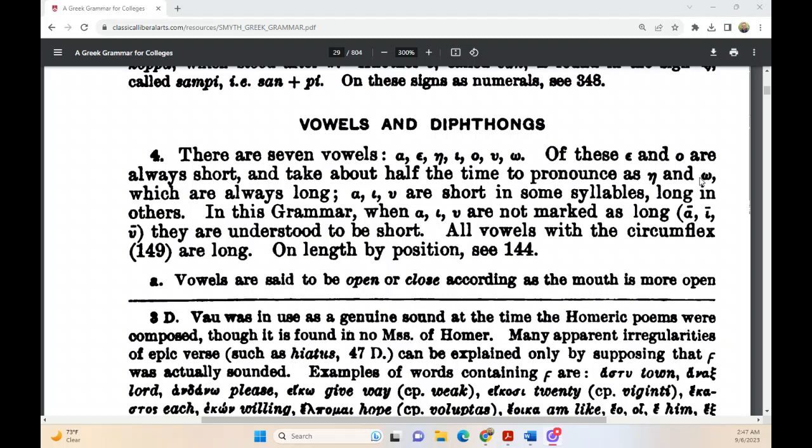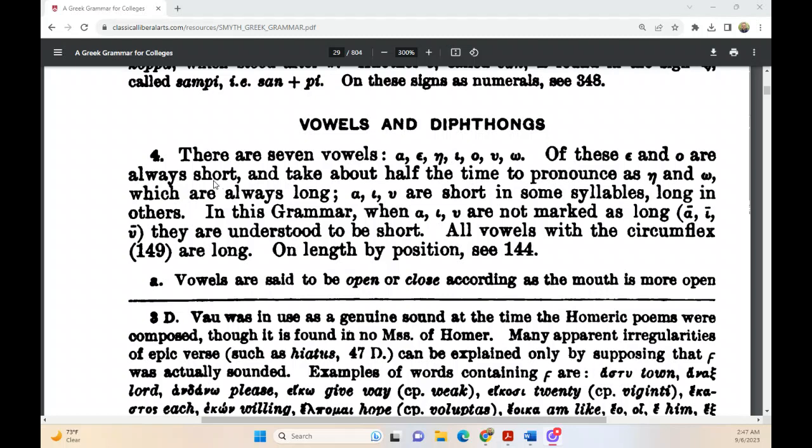The other three vowels, alpha, iota, and upsilon, are short in some syllables and long in others. So these three, alpha, iota, and upsilon, can be long or short. In some texts, you'll see them actually marked long. In others, you'll just have to know by experience whether the vowel is long or short.